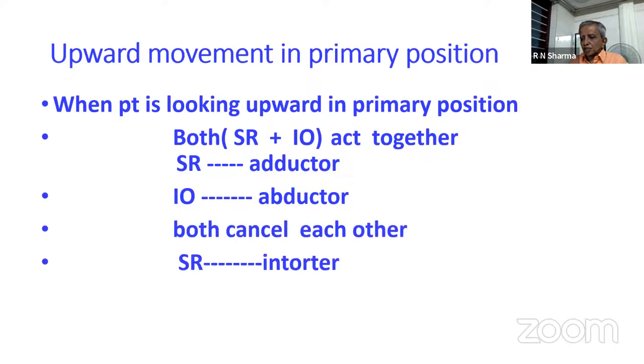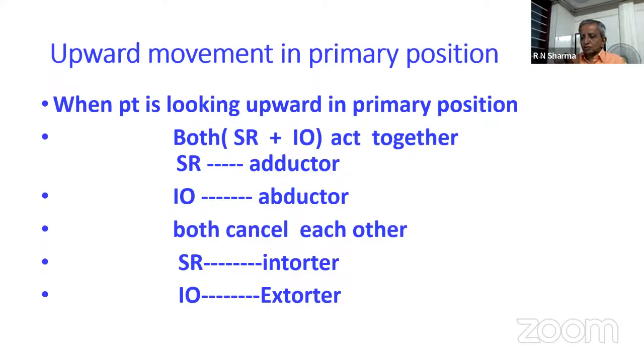Similarly, superior rectus is an intorter and inferior oblique is an extorter, so they also cancel each other. So when you are elevating the eyeball in the primary position, going upward, the superior rectus and inferior oblique are acting. Superior rectus has an adductor action, inferior oblique an abductor action. Superior rectus intorsion and inferior oblique extorsion are cancelled.